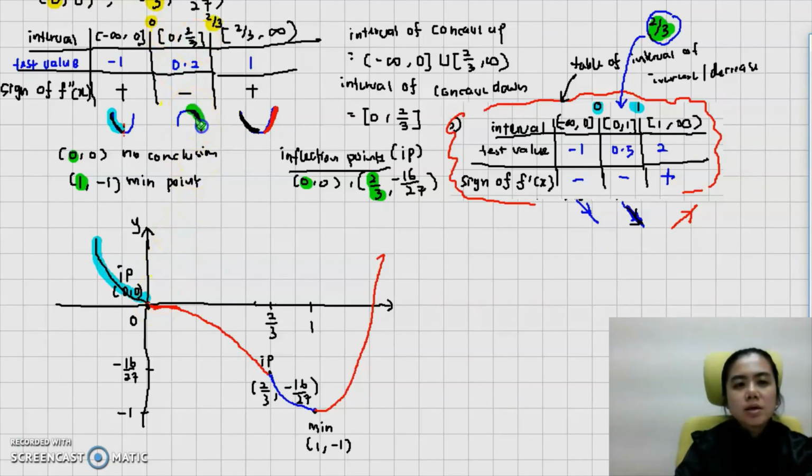You have a curve like halfway. And next we have 2 over 3 to infinity, that is concave up. So 2 over 3 until infinity is this range, so you have a curve of up like that.